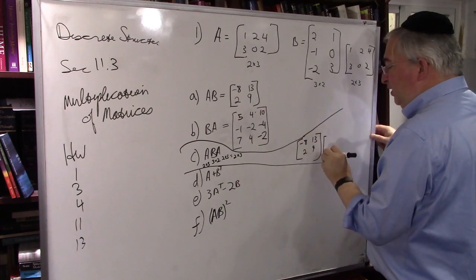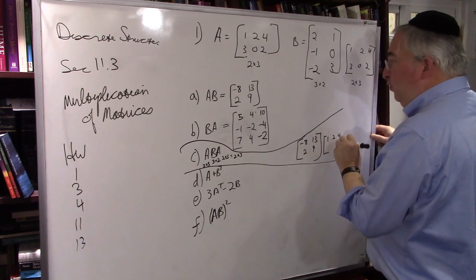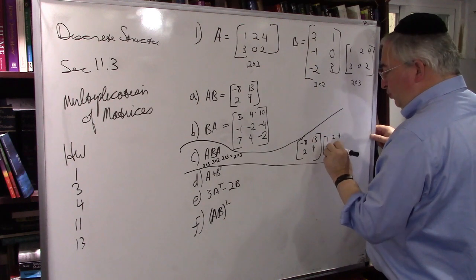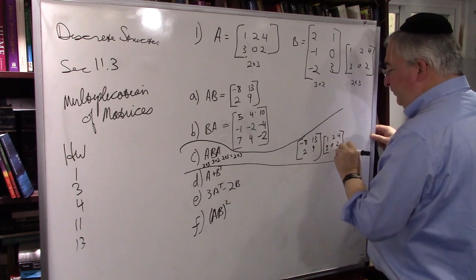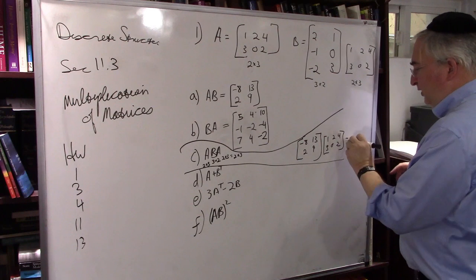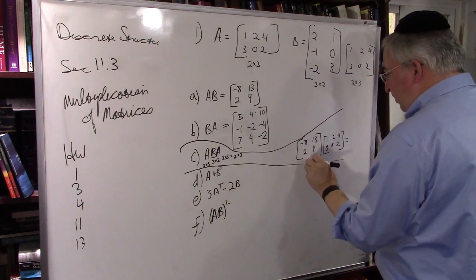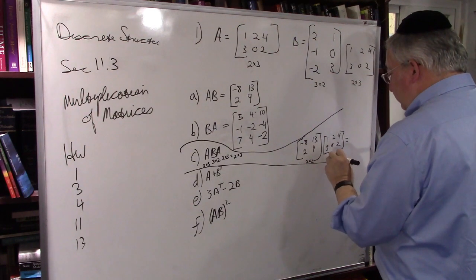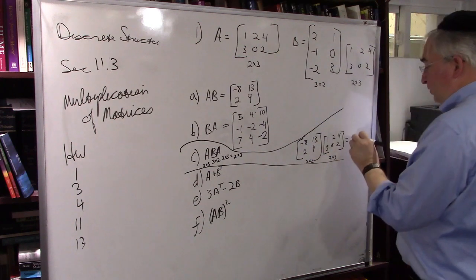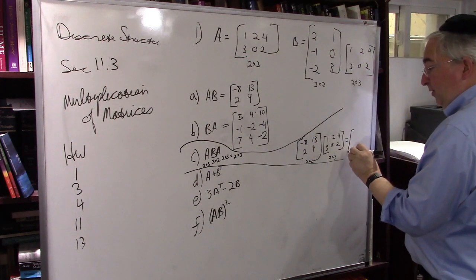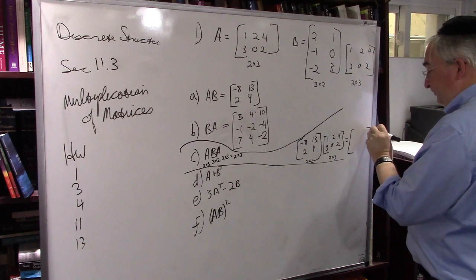So this becomes 1, 2, 4, 3, 0, 2, and we get out what? Okay, let's do this again. This is a 2 by 2 matrix. This is a 2 by 3 matrix.